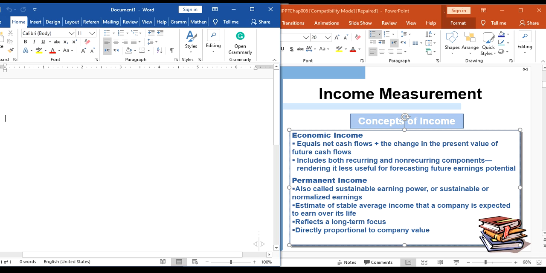So recurring and non-recurring activities. This is such as, let's say, sales, okay, receivables.